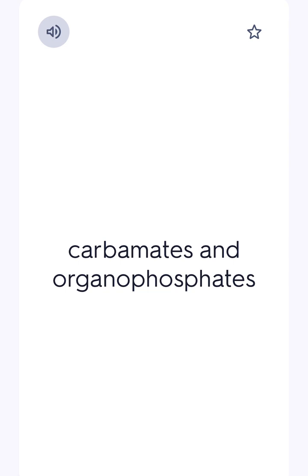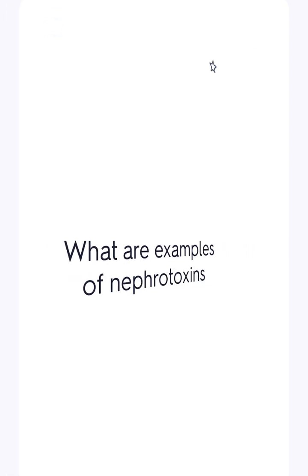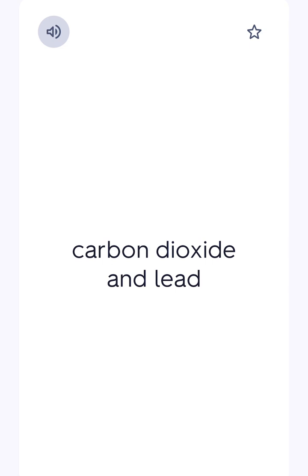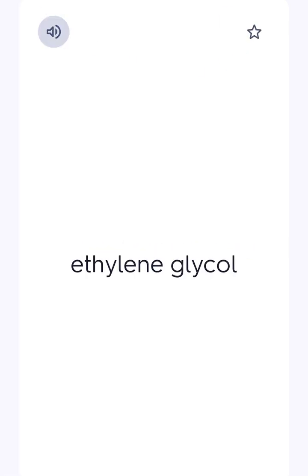Carbamates and organophosphates. What are examples of nephrotoxins? Carbon dioxide and lead. What are examples of cardiotoxins? Ethylene glycol.